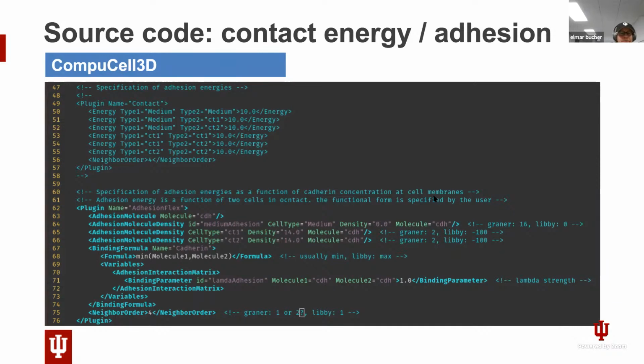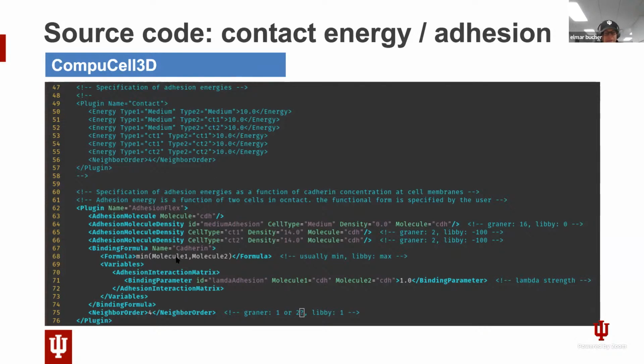If you have positive values like we usually have in our contact energy, then our contact energy is directly dependent on the surface that we have. So it would be much better to have negative default values, but okay, the values are as they are. We used the negative values here because they make more sense to us, and these values are actually positive. But when you take the formula to calculate those values from this adhesion flex specification back to the contact energy values, then they become negative.